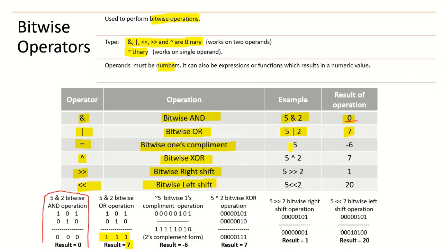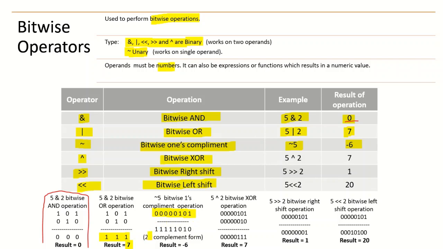Third operation, bitwise ones complement operation. The bitwise ones complement operation of 5 results in -6. This is 5 written in binary as a byte, that is 8 bits.